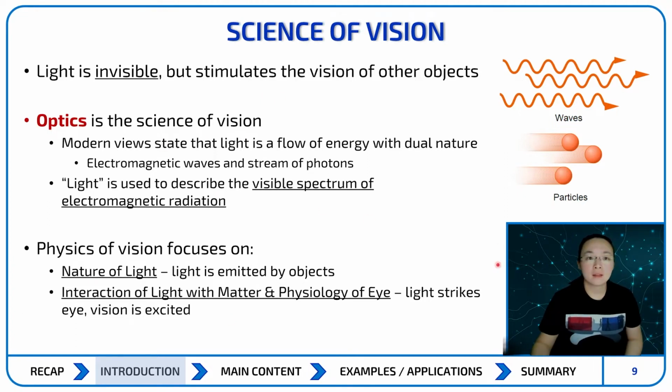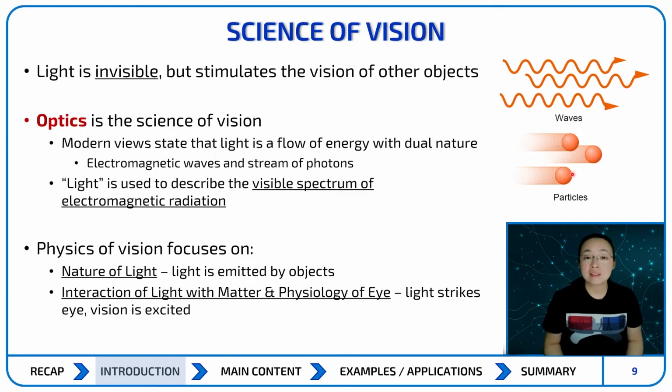Modern views state that light is a continuous flow of energy with a dual nature: electromagnetic waves as the wave part of light, and a stream of photons or particles as the particle nature of light.